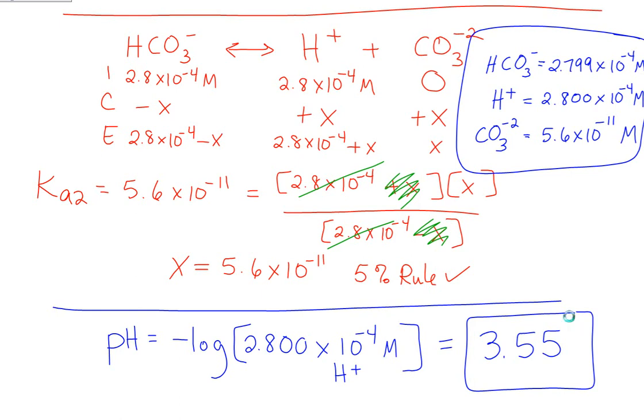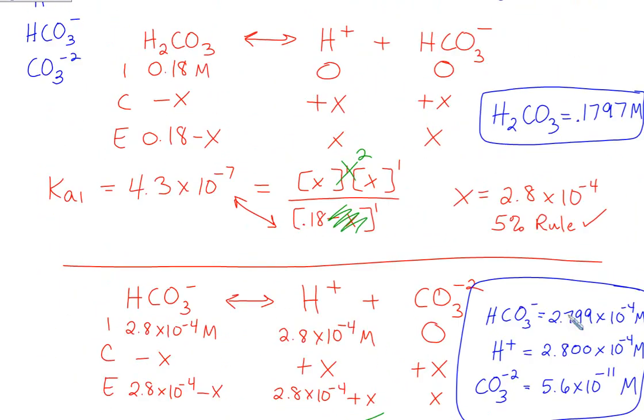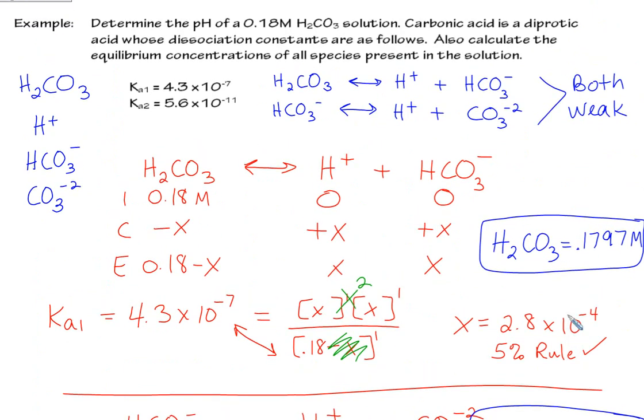What if they would have only asked for the pH? Make note of this. If you have a polyprotic acid, and especially in this case, let's say it's weak, the most significant source of hydrogen is the first dissociation. If I would have just gone opposite log of X right away, it was virtually the same thing.